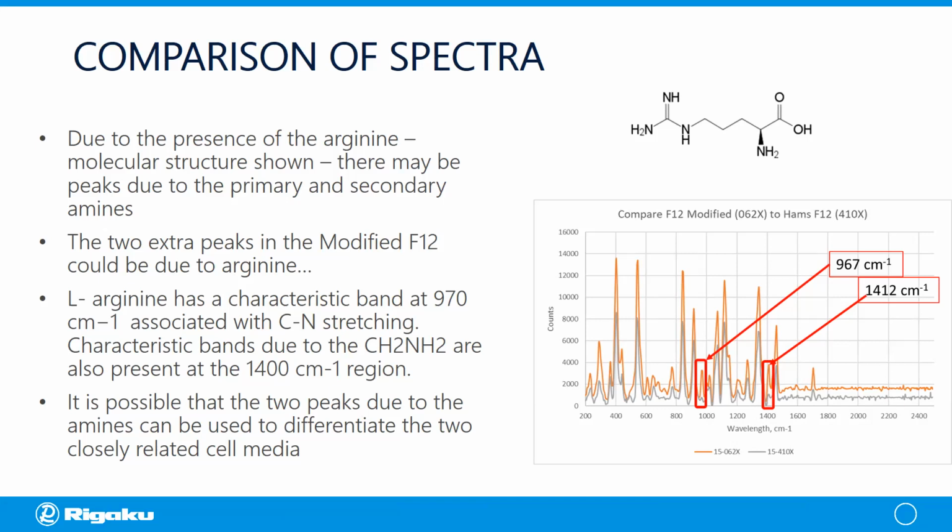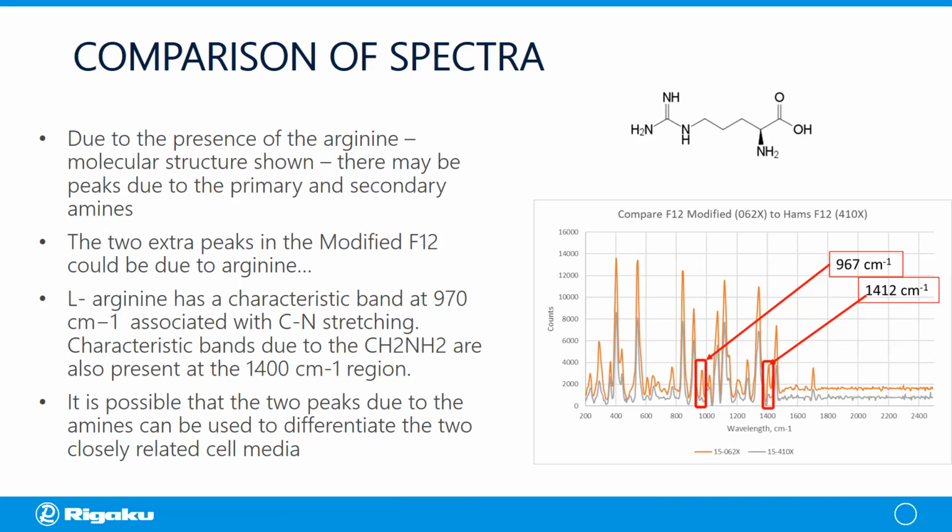There's a C to N stretch at about 967 inverse centimeters, and then there's the other amine stretch, whose characteristic bands are at 1412 inverse centimeters. So it is possible that we can use these two peaks to differentiate the two closely related cell media.